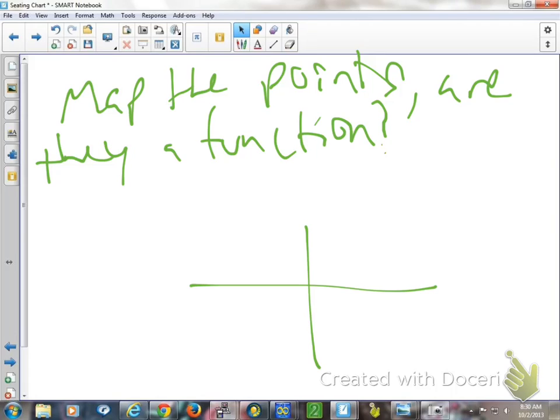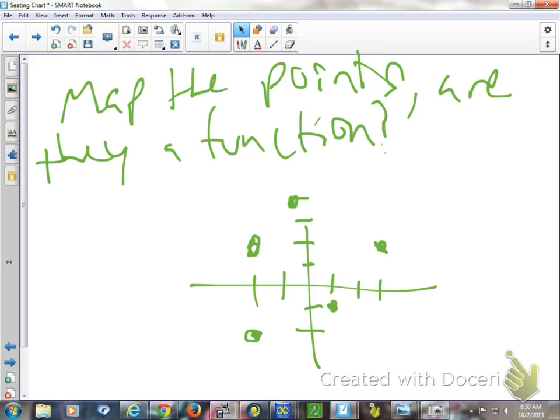Looks like we had negative 2, negative 2, negative 2, positive 2, negative 1/2, 4, 1, negative 1, and 1, 2, 3, 2.